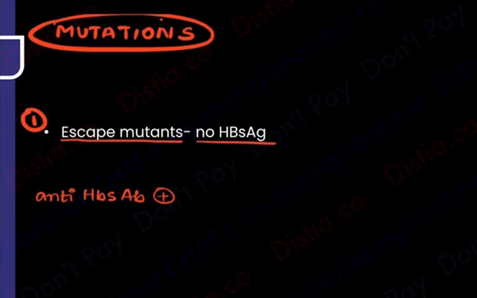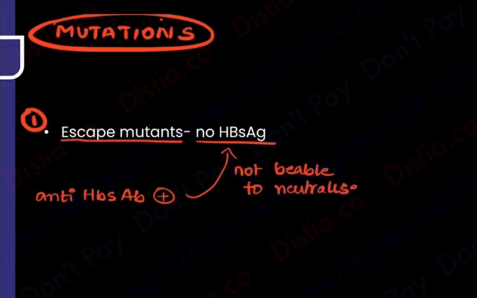So will the antibodies be able to neutralize it? No. Remember, our protective antibodies will not be able to neutralize the escape mutant. That is what is important.